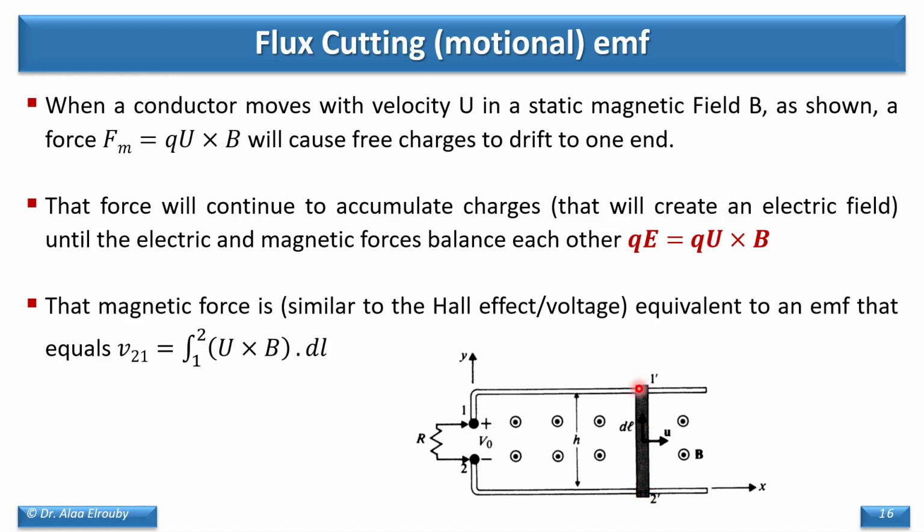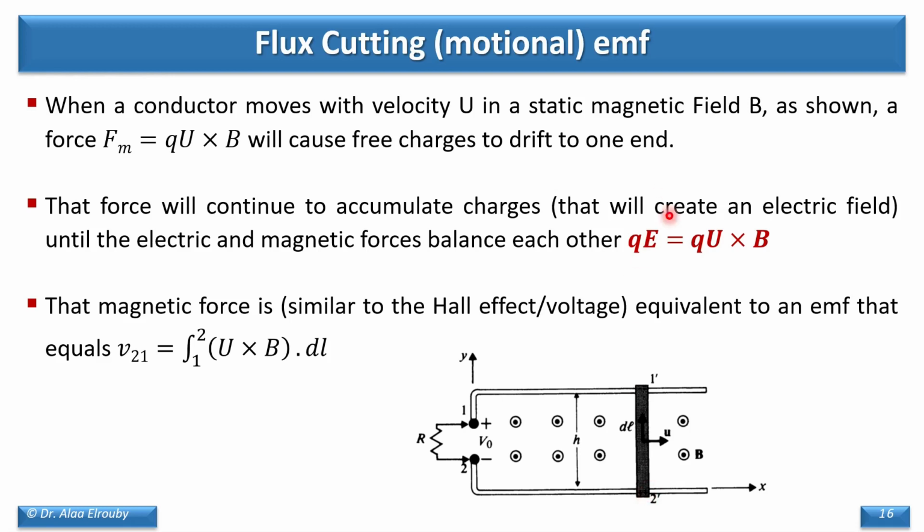So the electric field in this direction is trying to bring the electrons back, while the magnetic force is repelling the electrons to this side, so the electrons will accumulate. The more accumulation we have, the stronger the electric field will be, till we reach the equilibrium.